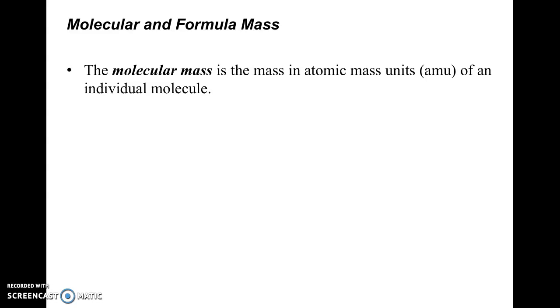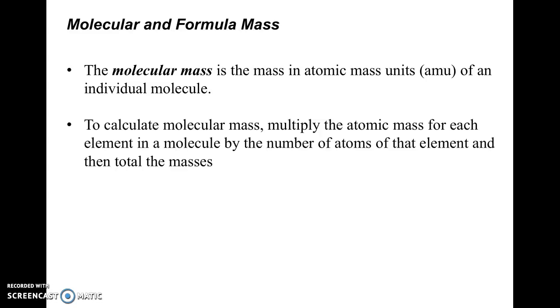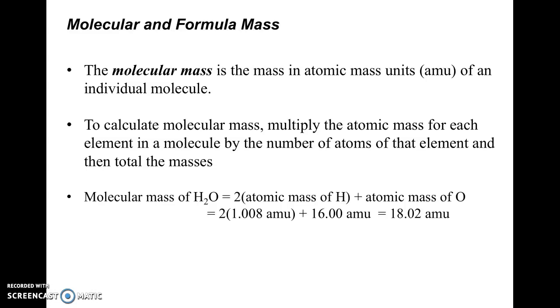The molecular mass is the mass in atomic units of an individual molecule of some particular kind. So to calculate this, you multiply the atomic mass that you would find on the periodic table for each element by the number of the atoms of that element that are in the compound, and then you would add them all up.